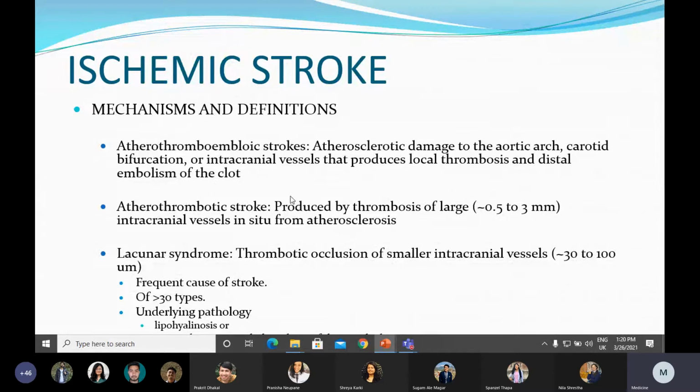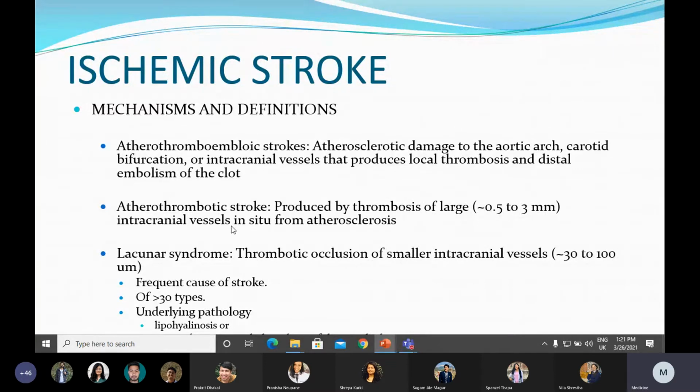So as I told you earlier also, there may be atherothromboembolic stroke or atherothrombotic stroke. Here you'll have two things: there may be an intracranial vessel producing local thrombosis, or a distal thrombus which has embolized from another place. So you can have both here.